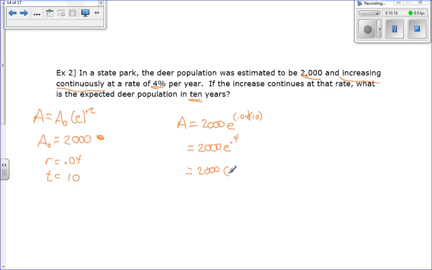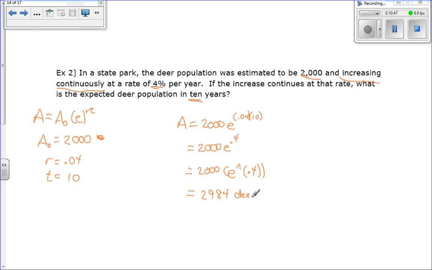When you type in e, you get a caret and parentheses. We're going to put in 0.4, close the parentheses, close the parentheses again. And when we do that, we'll get 2,984.